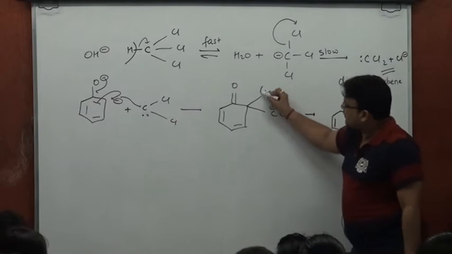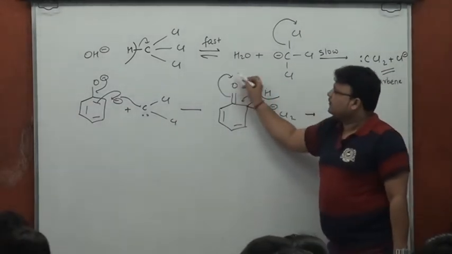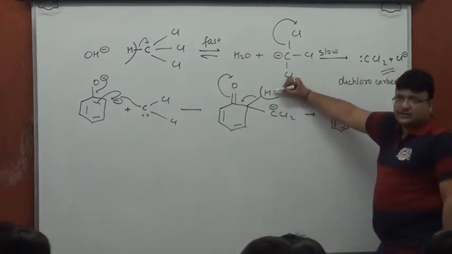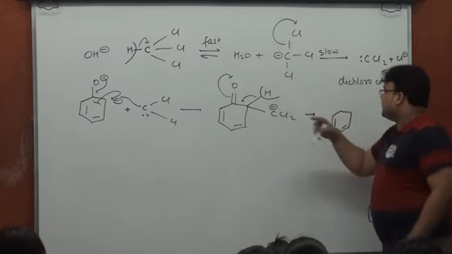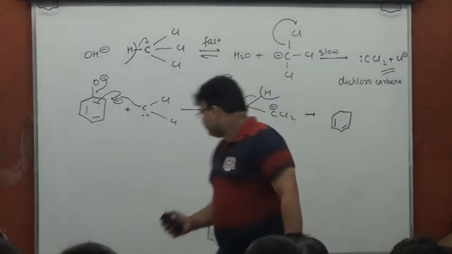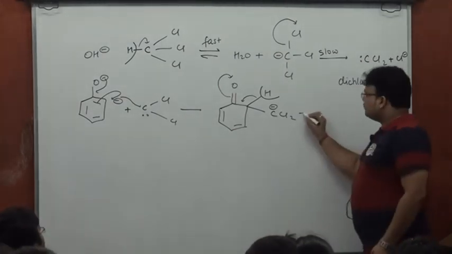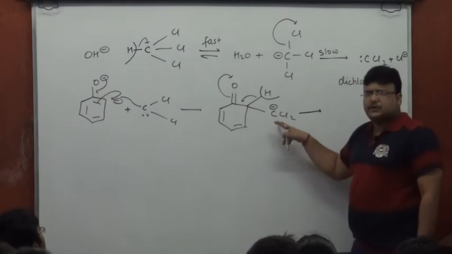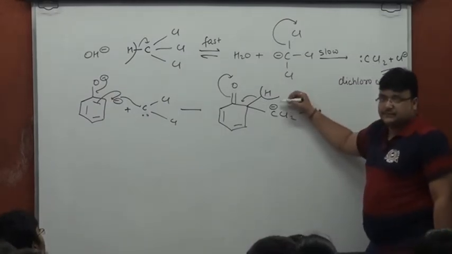You know, this going from here, this falling down, this going above. This hydrogen will be lost, so that the species becomes aromatic again. And between O minus and C minus, because C minus is more nucleophilic this time, it will get hold of this H plus.